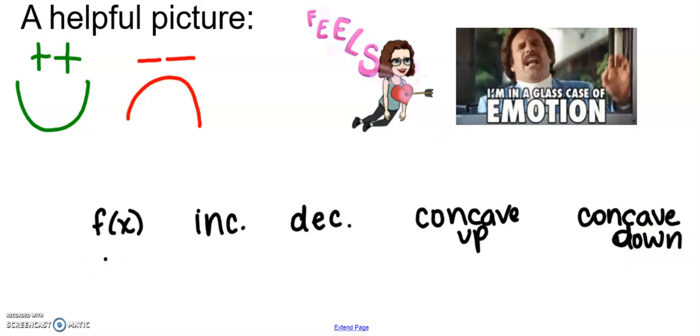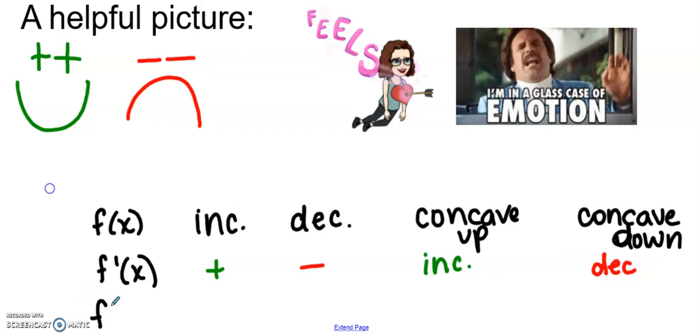Well, what that means then is f prime, the next layer, if f of x was increasing, then f prime is positive. If f of x was decreasing, then f prime, the slope, is negative. If f of x was concave up, then f prime, we just talked about, is increasing. If f of x is concave down, then f prime is decreasing.